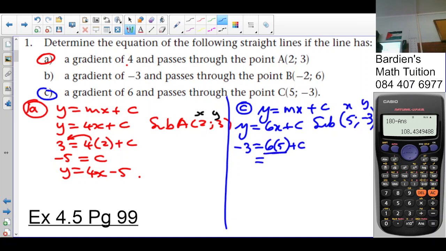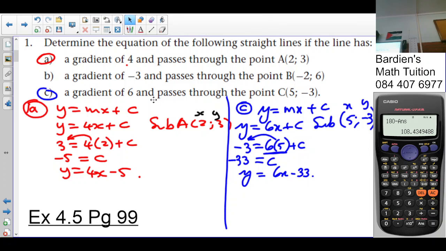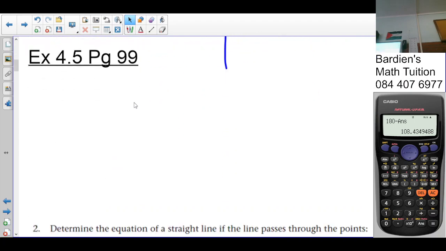That's going to give us 30, not so? We take it over the equal sign, so negative 3 minus 30 is negative 33. So y is equal to 6x minus 33. Okay, is that correct? Right, nice.